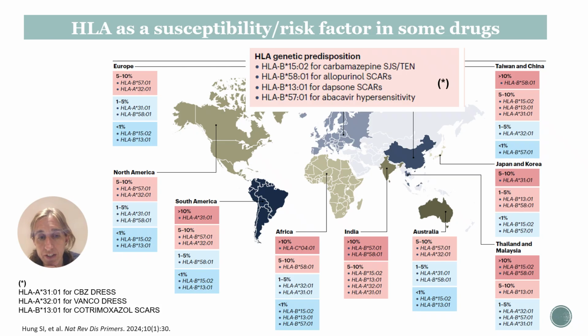For example, HLA-B*15:02 for carbamazepine in Stevens-Johnson, or B*58:01 for allopurinol SCARs, etc. But it is very important that we know that it really depends on the ethnicity and the situation of the patient, and where he is coming from, and where he is living, etc. So with this, the risk of an HLA association has to be considered.